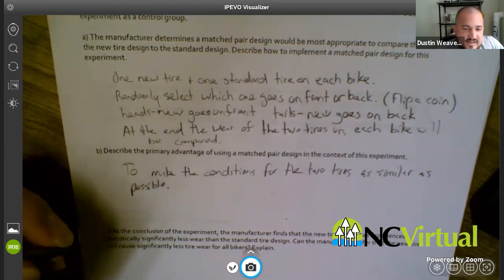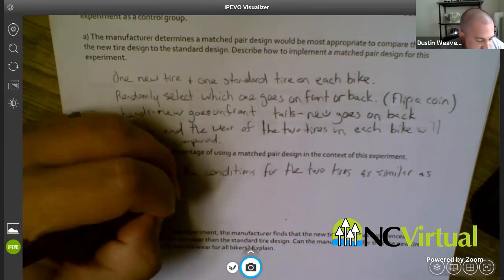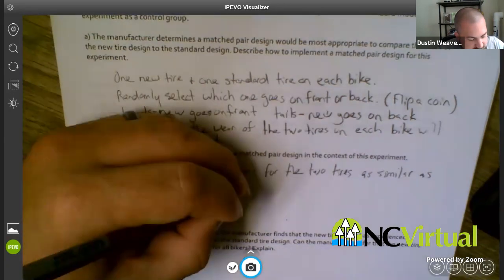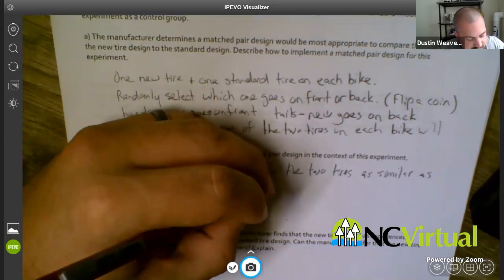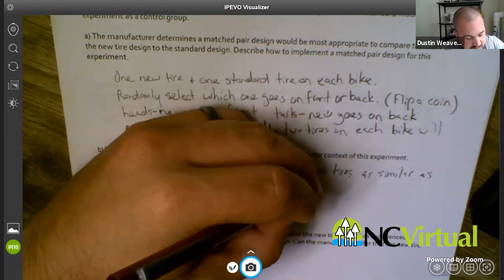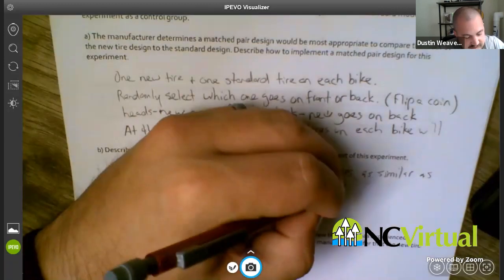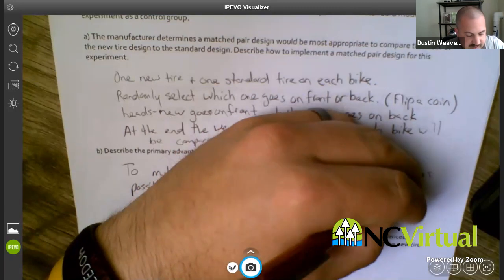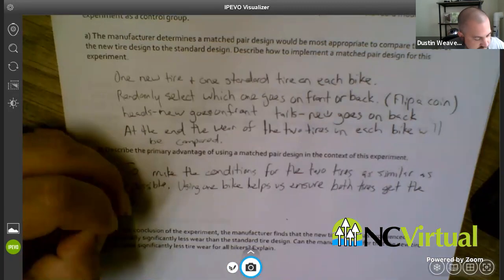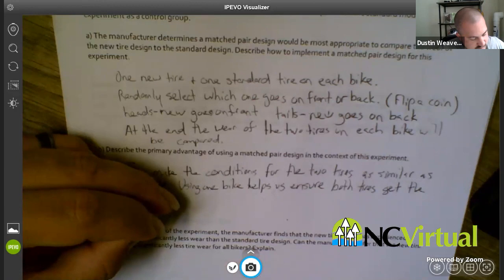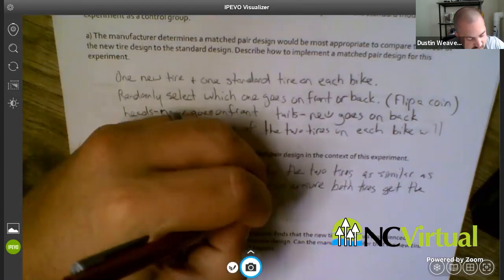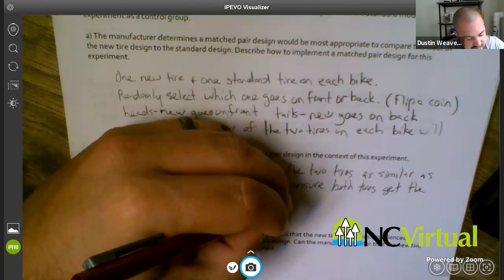So, for instance, using one bike helps us ensure both tires get the same amount of use and weather conditions.